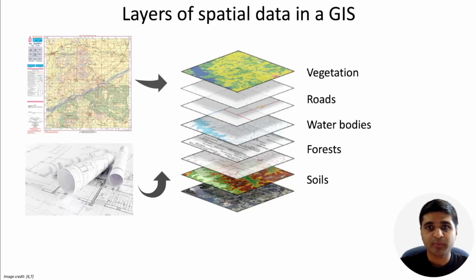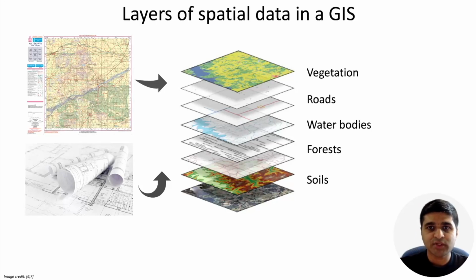Instead of flat paper maps, now we build digital maps using layers of information, much like stacking transparent sheets on top of each other. Each layer in a geographic information system, or GIS, shows different types of features, like one for roads, one for vegetation, another for water bodies, forests, or soils, and so on.